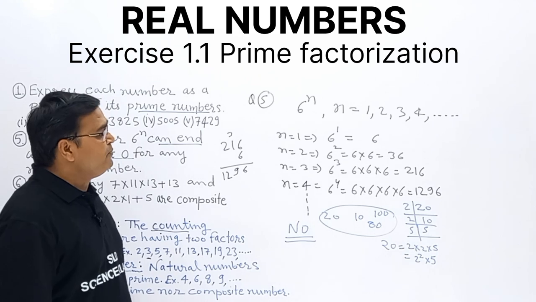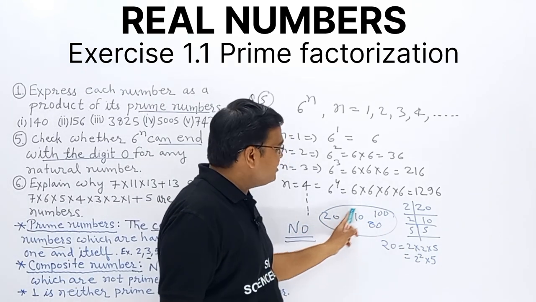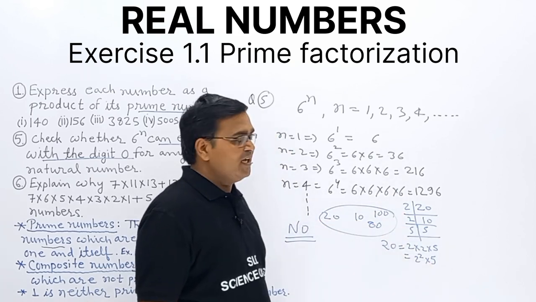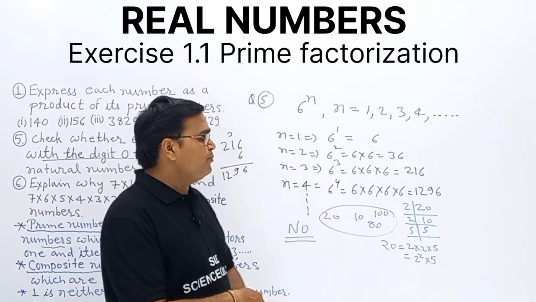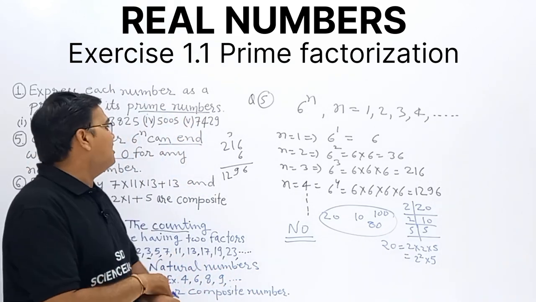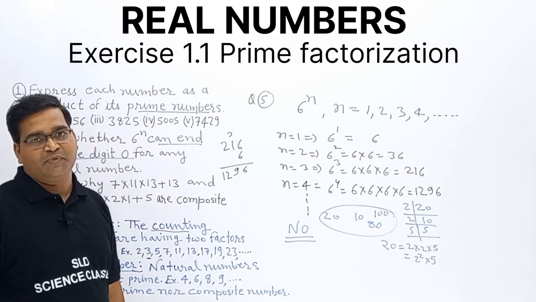Clear? If you find the prime factors of a number and get a factor 5, then we can say the number will end with digit 0.